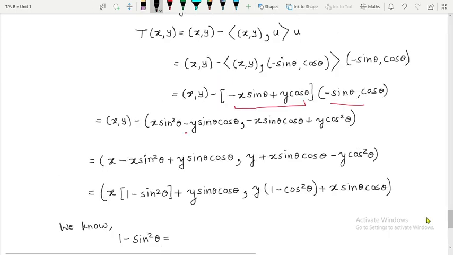One mistake here, we have missed out a 2, so over here it should be 2, over here it will be 2, and then over here it will be minus 2. Then over here I will write this term again.